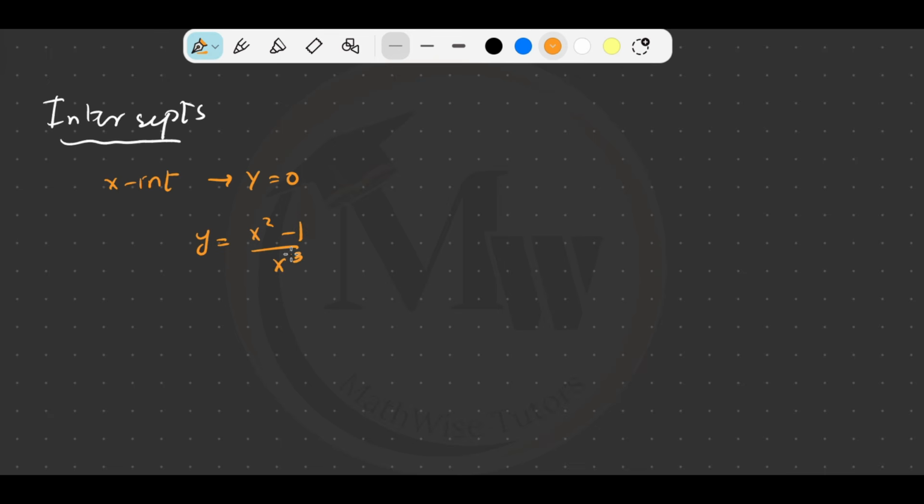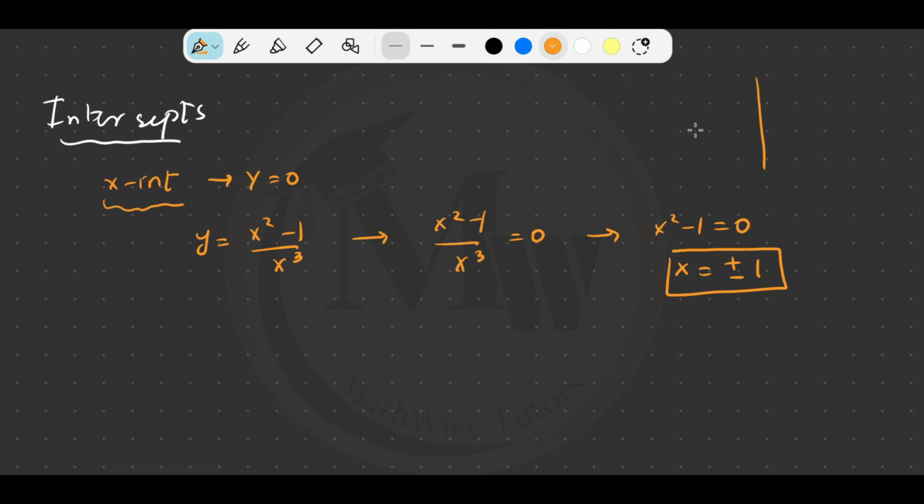When we put y equal to 0, you have the equation (x² − 1)/x³ = 0. This gives you x² − 1 = 0, and by taking the 1 to the other side, you will have x equal to plus or minus 1. So these are the two values which are the x-intercepts. Means that on the x-axis there are two values, 1 and negative 1, where the graph touches the x-axis.